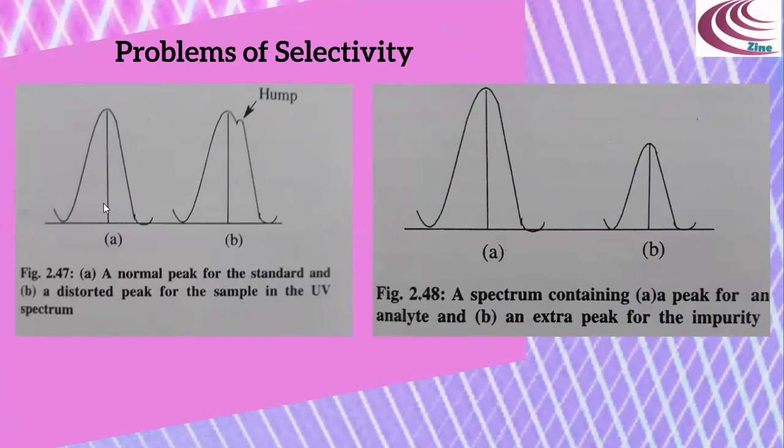That is a standard. As you are observing in this diagram, A is a normal peak for the standard, and B represents a distorted peak for the sample in the UV spectrum.